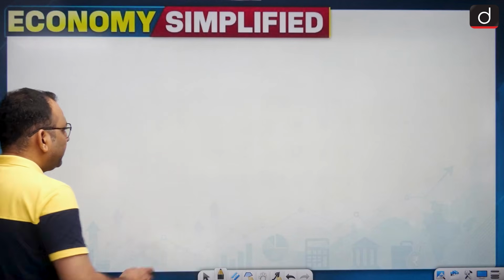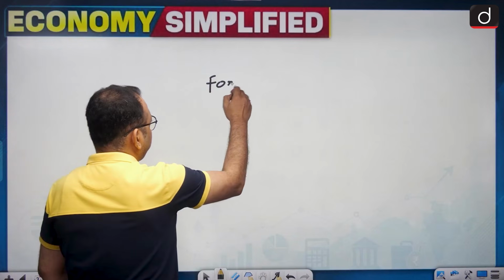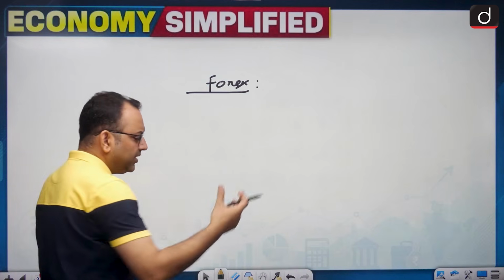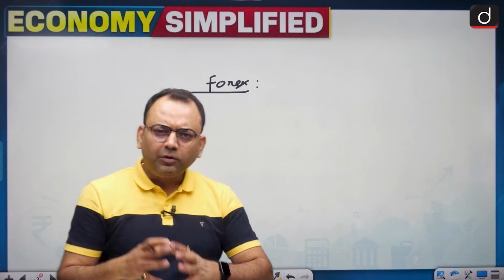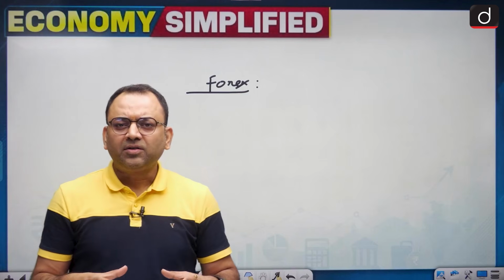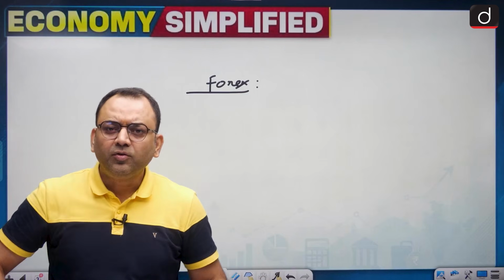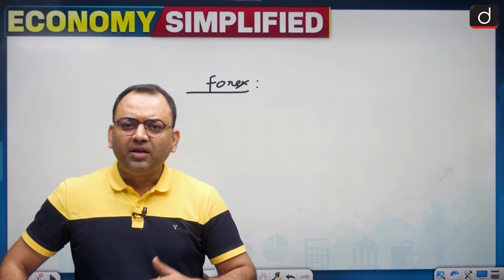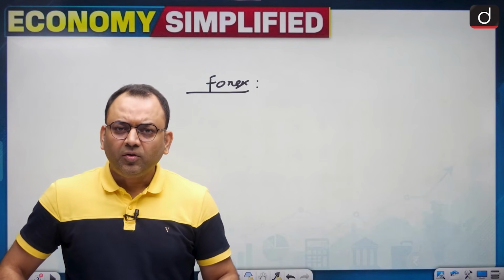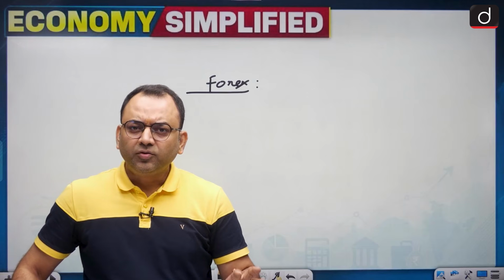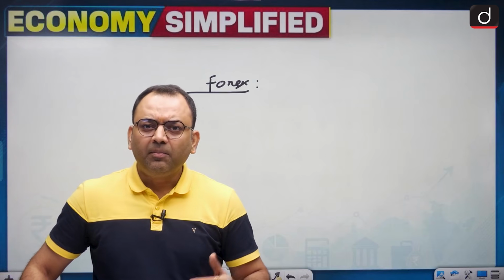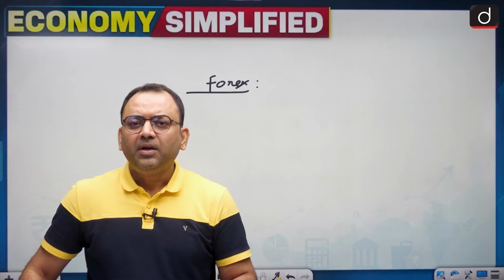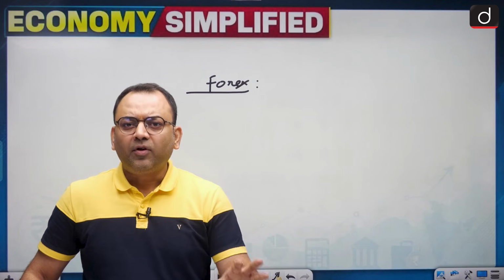See, India's Forex reserve. We've just seen that Forex will include all those possible commodities or currencies which can be used to make transactions or exchanges at the foreign level. So the currencies used to make payments at the foreign level will be classified into a group called Forex reserves.